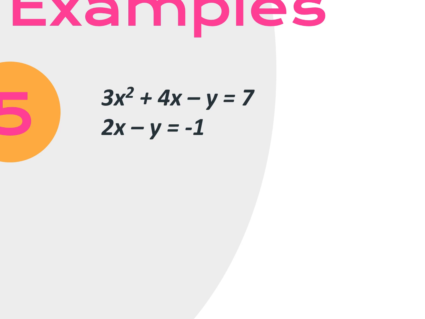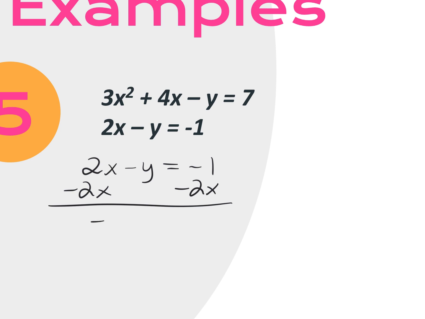So I'm going to go ahead and solve my second equation for y, because notice the coefficient in front of y is a -1. I'm going to take 2x minus y equals -1 and subtract 2x from both sides. Essentially what I'm doing here is putting it into y equals mx plus b form.